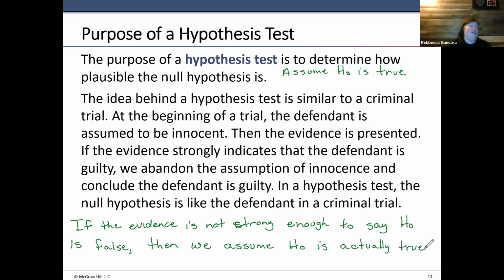So it's just like a court case. Ideally, you are assumed innocent until proven guilty. Same idea. We assume the null hypothesis is true unless proven false.